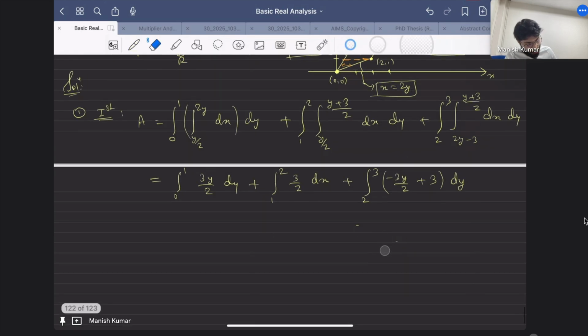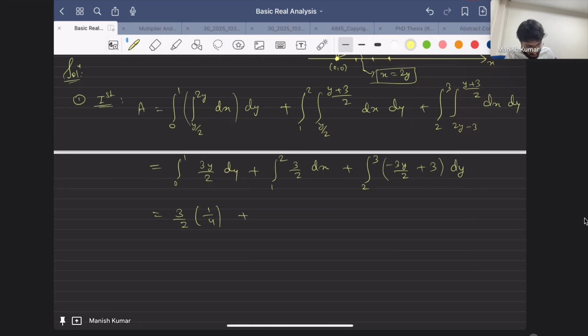Now let's compute this. The first is 3 by 2 times y square by 2, that is 3 by 4. In the second, 3 by 2 times y, which is 3 by 2 times 1. Then I take 3 by 2 outside for the third, y square by 2 gives 9 minus 4 by 2, plus 3, so this is 5 by 2.